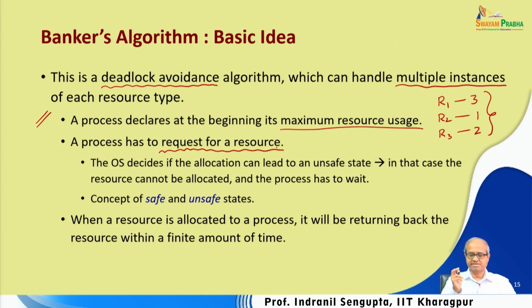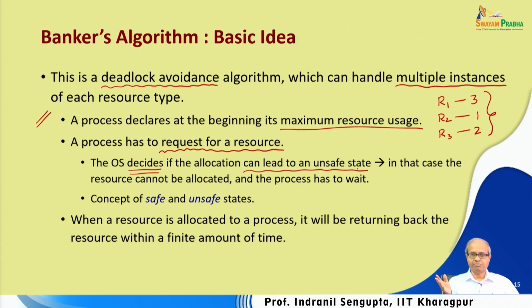The idea is like this. The operating system will take a decision like this. It will check that if I allocate the resource, whether it can lead to an unsafe state. Can the state become unsafe? If there is a possibility of the state becoming unsafe, then it does not grant that resource to that process.